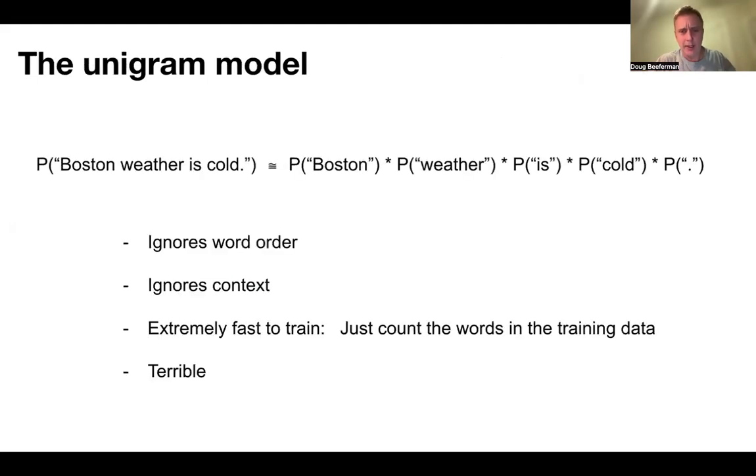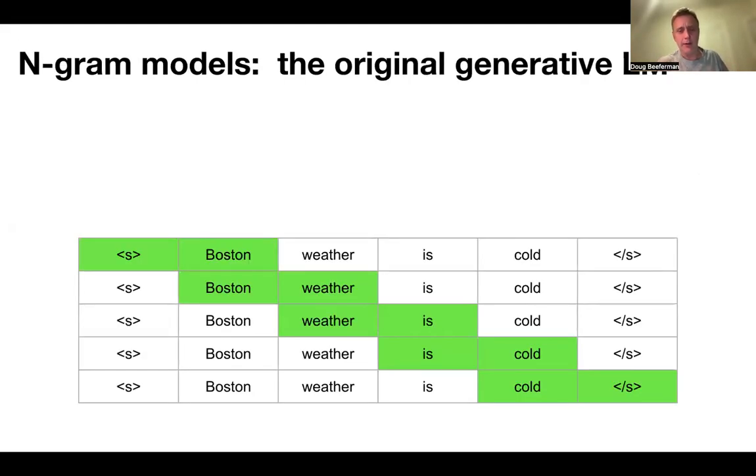But let's talk about the next step, which would be, instead of modeling with single words, modeling with windows of n words. So n-gram models, which you could consider to be the OG generative language models, are trained by sliding one of these windows over the training data, like n equals 2, a 2-word window or an n-word window, and counting the number of times each combination of n words appears.